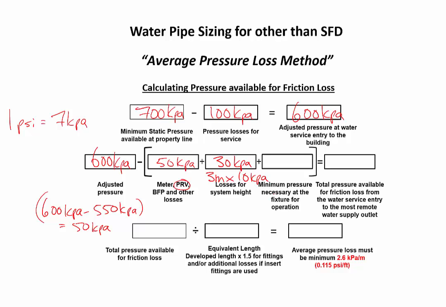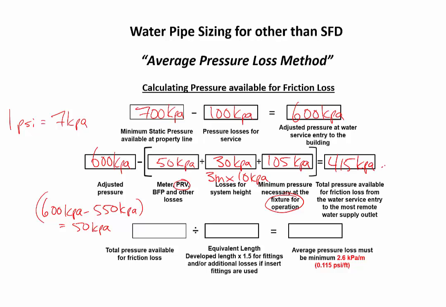The minimum pressure necessary for fixture operation is typically taken at 105 kPa minimum. That's 15 psi, and that really is a bare minimum. Most people that use fixtures, shower head for example, would usually have an expectation of more than 15 psi for satisfactory fixture operation. As a design minimum, 15 psi will work in our case. So once we subtract all these losses from 600 kPa, we get 415 kPa available.